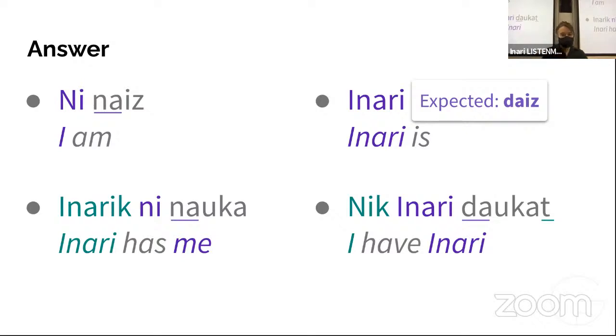We can assume that the da is still marking the object now, because na was also marking the object. And the t you can just ignore. That's just because when the third person is an agent, it doesn't have a morpheme, but you can ignore that bit.